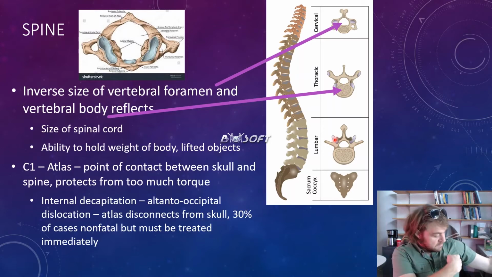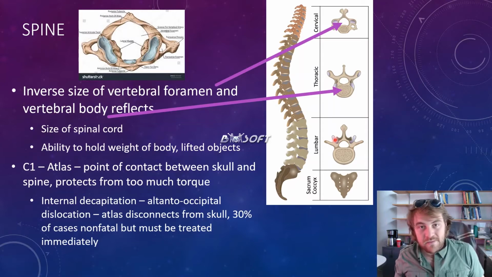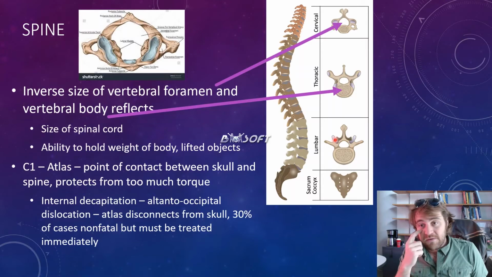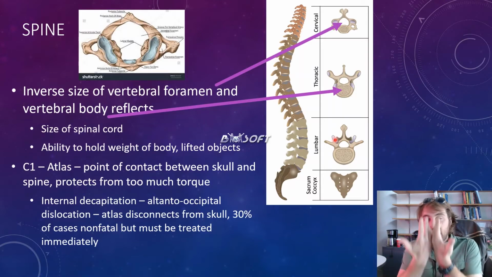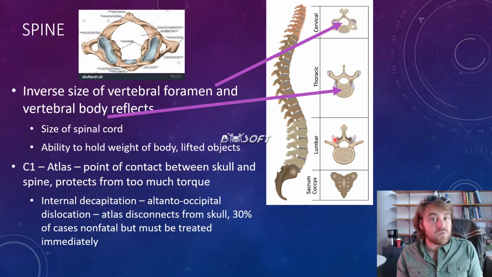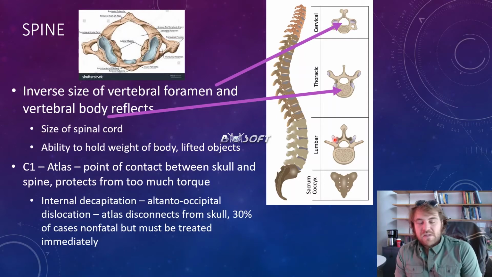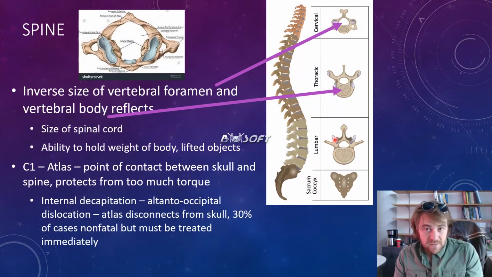It doesn't need to convey information from my hand down to my leg. So there's no reason to have connections between the hand and the leg. All the connections are coming up through the spinal cord to the brain. So that's why the spinal cord decreases in size. That's why the vertebral foramen decreases in size.